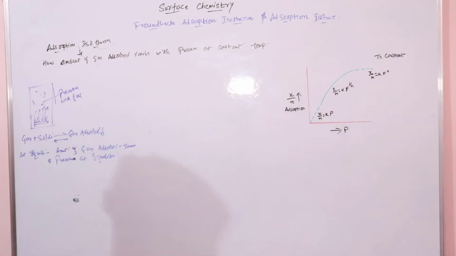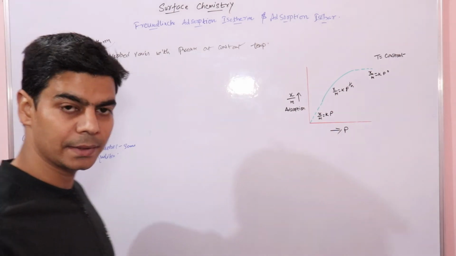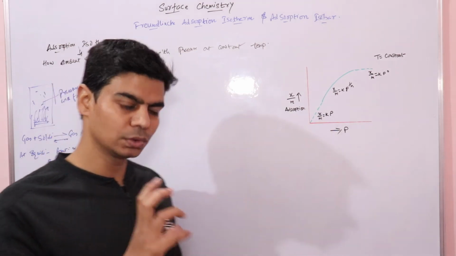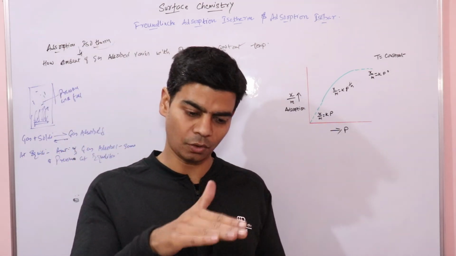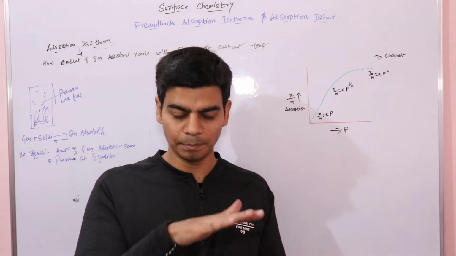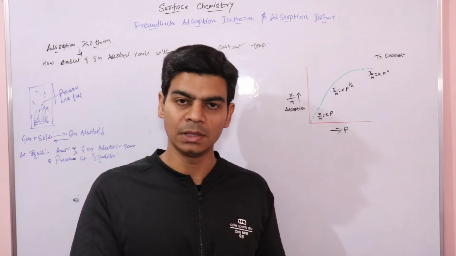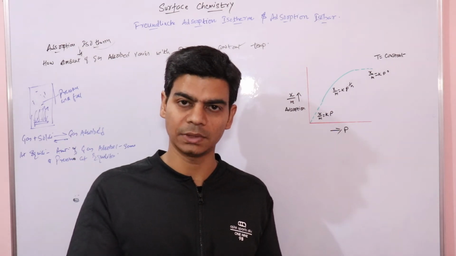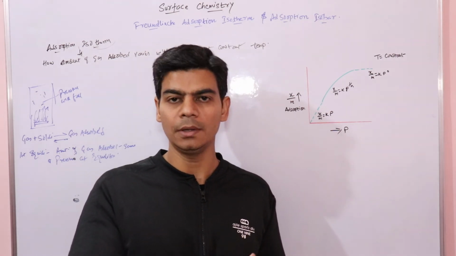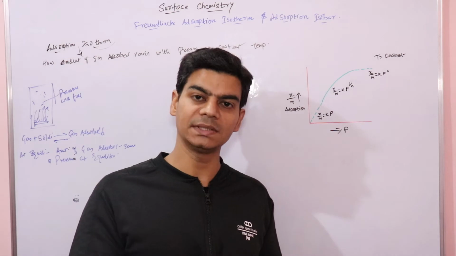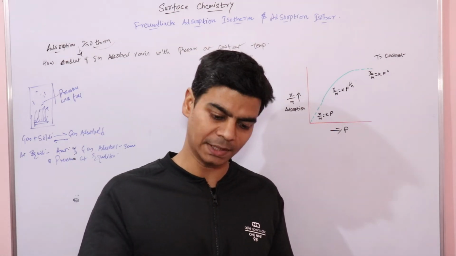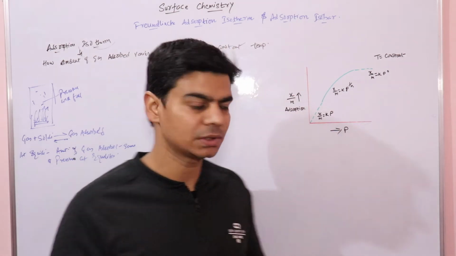And with increase in temperature, why does the rate of adsorption decrease? Because in adsorption the gas gets bound on the surface. So it's a kind of bond or a force that holds the gas onto the surface. When you increase the temperature, this force gets weakened, so the adsorbed gas will leave the surface.